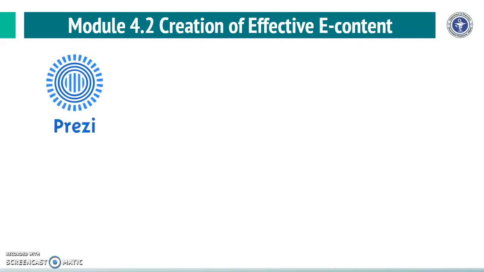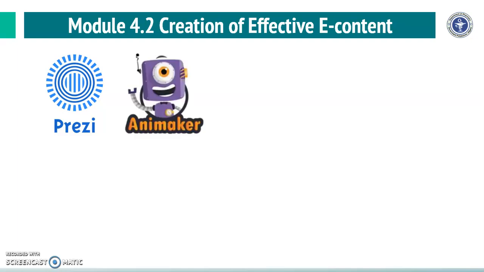We have seen how we can create the effective presentations by using various softwares like that of PowerPoint, Prezi. We have seen how we can use the animations for effective e-learning content to be developed.